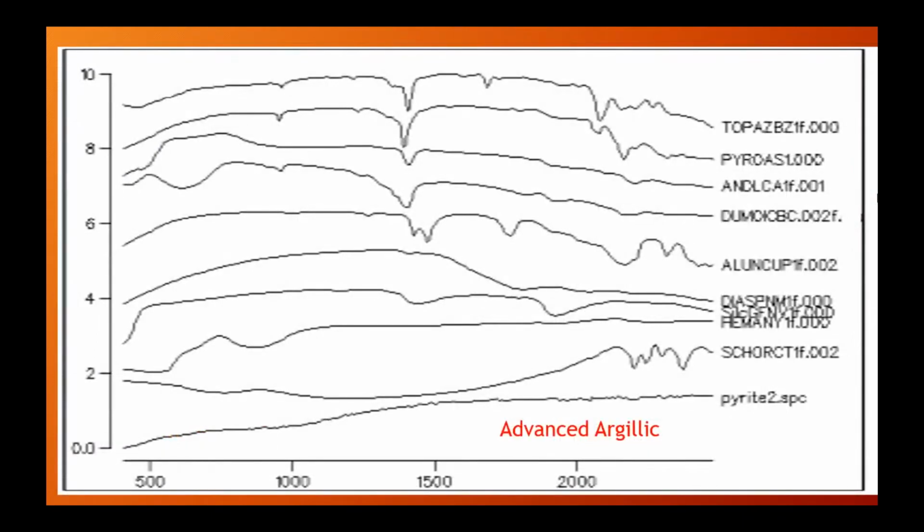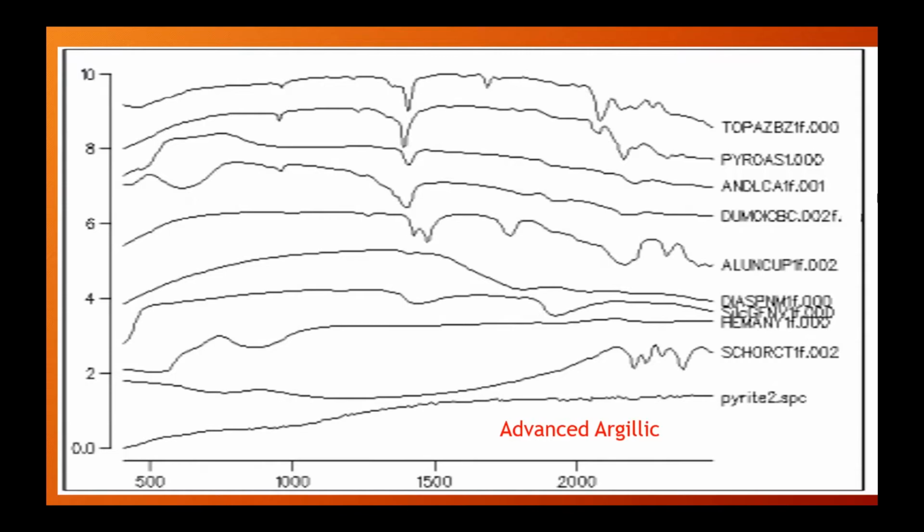Now, advanced argillic, this alteration is going to be a very intense alteration phase. This is going to be found often in the upper part of the porphyry system, but it can also form envelopes around those pyrite-rich veins that cross-cut other alteration types.